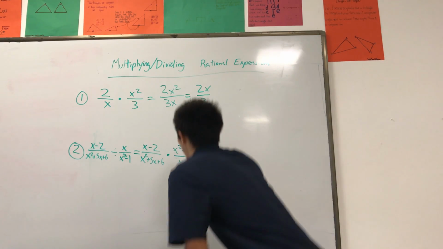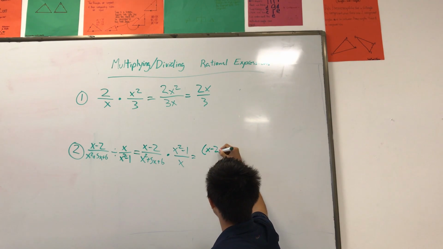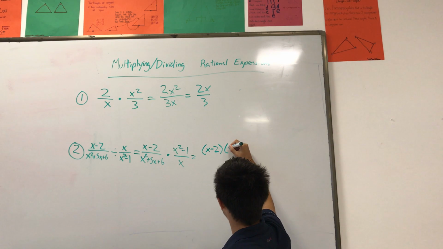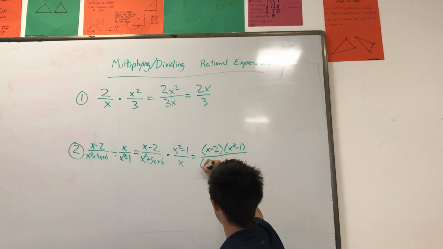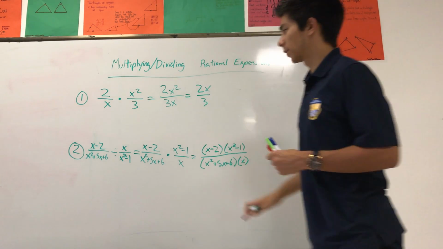So I have x minus 2, which I'll leave in factored form right now, times x squared minus 1. If you wanted to, you could distribute that. Then I would do x squared plus 5x plus 6, all times x. So that is one way you can do it.